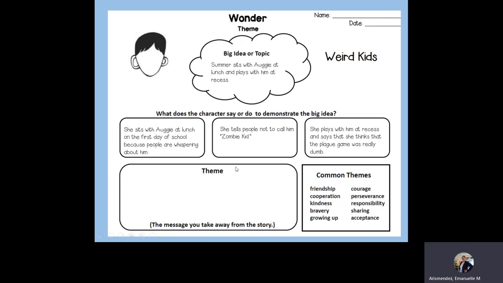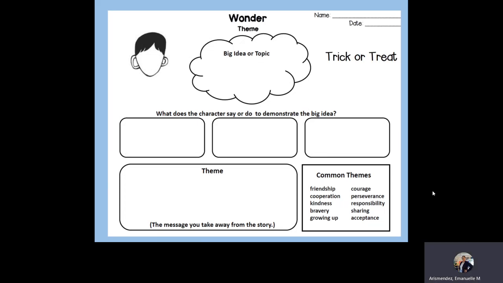So what is the theme? What is the message that we can take away from this chapter in our story? I think that the message of the chapter, Weird Kids, is to have courage and to do what is right. So the theme is courage.